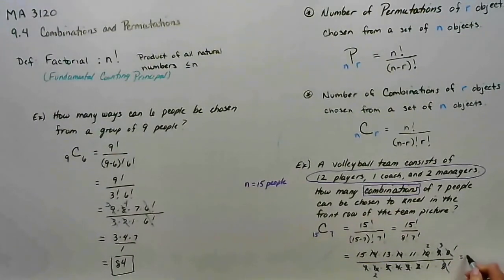So I'm left with 15 times 13 times 11 times 2 times 3. Oh, you know what? I could have reduced the 2. Yep, there it is. Oops. I could have reduced this 2 with this 2. Anyhow, if I multiply that all out, I got 6,435.